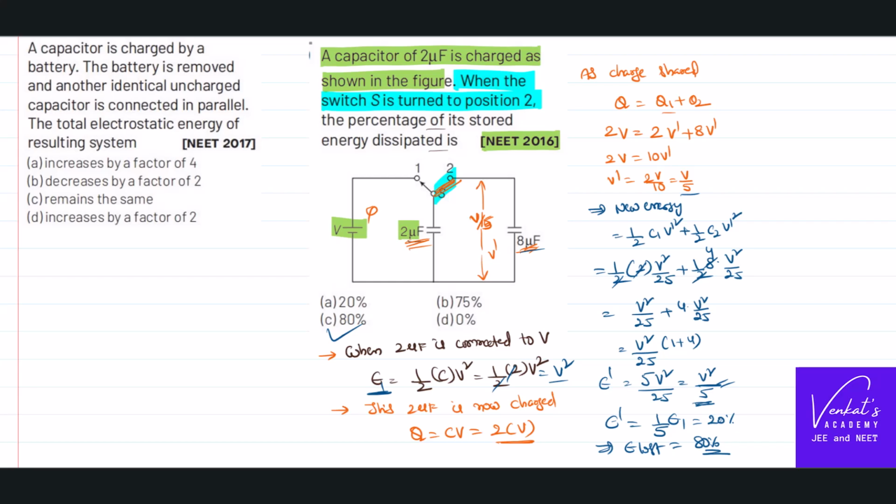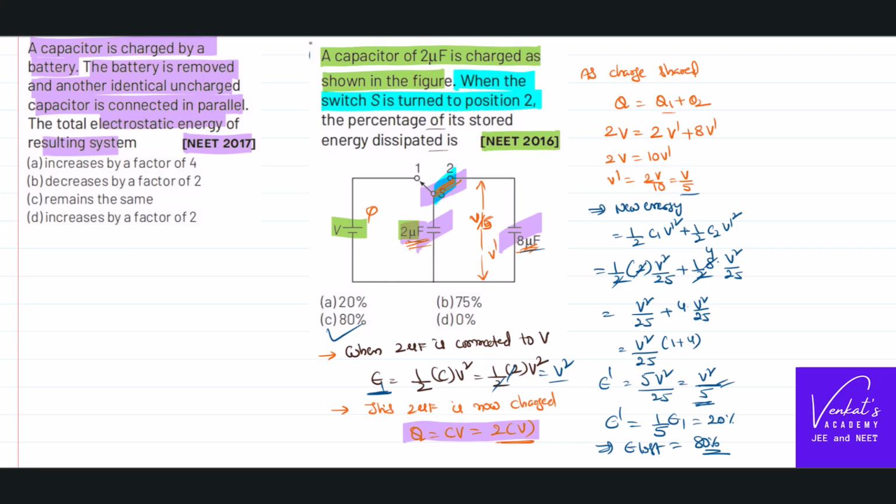Look at this problem, NEET 2017. A capacitor is charged by a battery like this, like what we have said. The battery is removed and another identical charged capacitor is connected in parallel. That is exactly what happened, of course now it is simpler because it is identical. The total energy of the resulting system is asked.